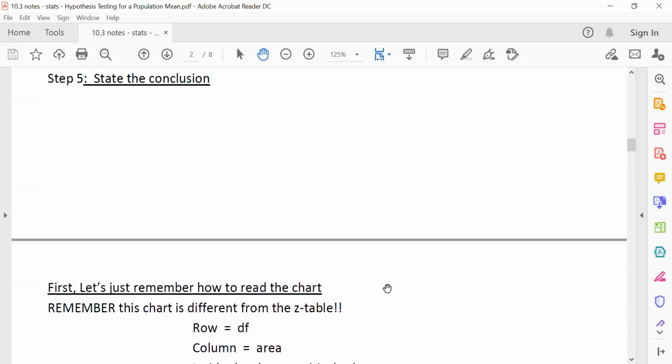And then finally, we state the conclusion. Either we reject the null and have enough evidence to support the alternative hypothesis, or we fail to reject the null and say we don't have enough evidence to support the alternative hypothesis.